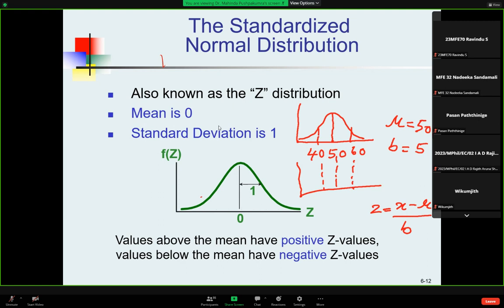Then the mean is given, standard deviation also given. Then what is the Z value here? Let's say A, B, C. I will give 2-3 minutes. Then you can send your answer into the chat box saying A equal, B equal, C equal. Please send your answer into the chat box quickly.